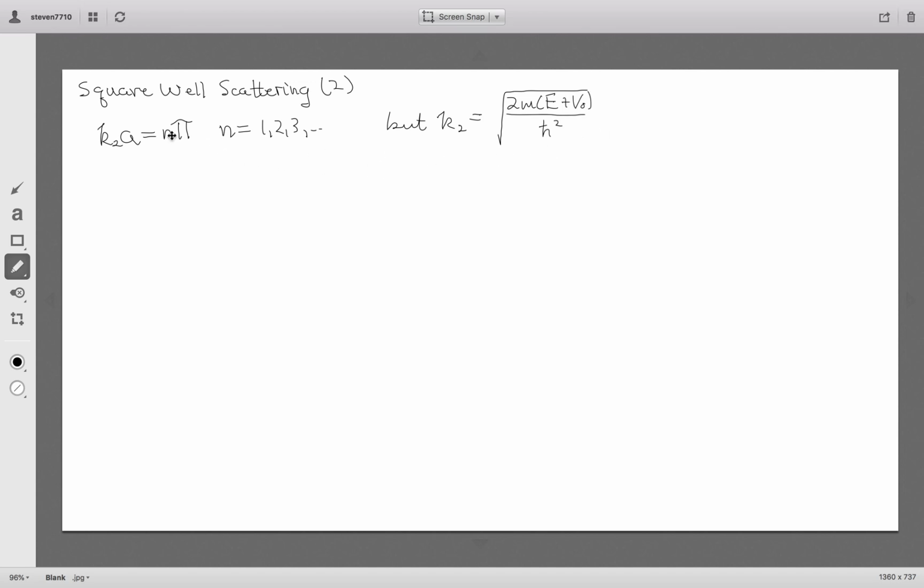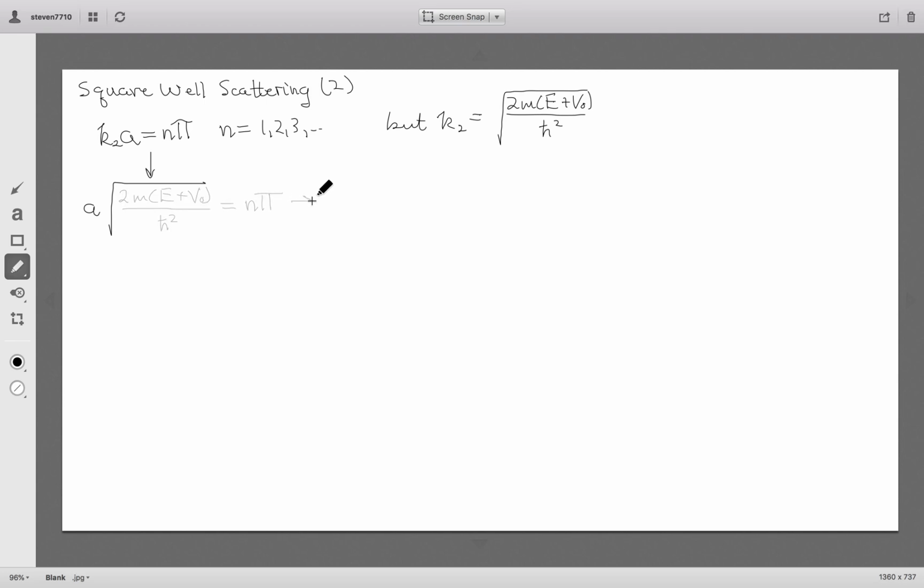Right? So what we're going to do is use this result and go ahead and input. Oh, and I can't select it all. I'll have to redo that. The square root of 2m (E plus V0) over h bar squared times a is equal to an integer multiple of pi.